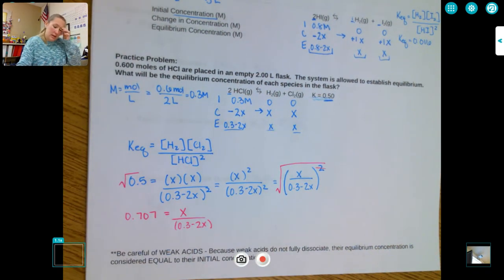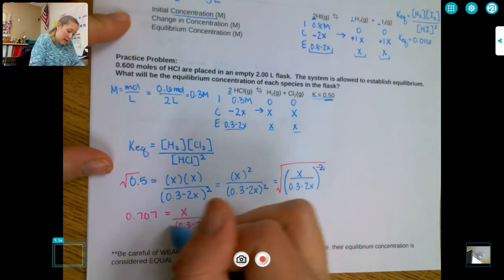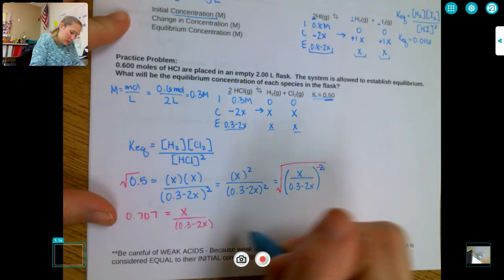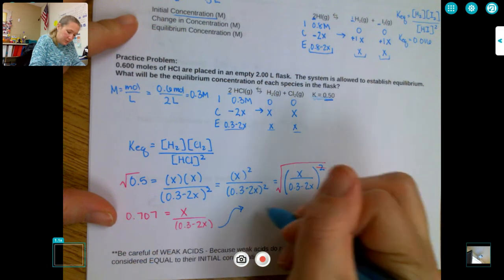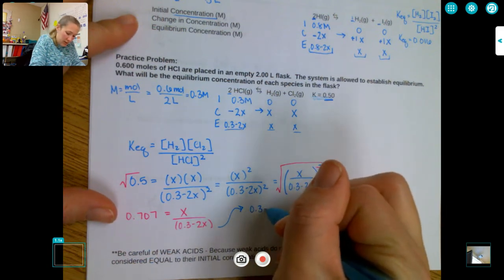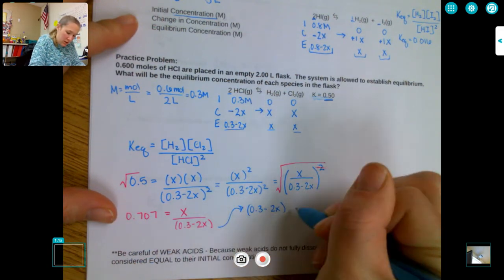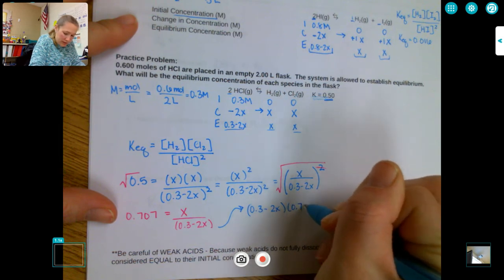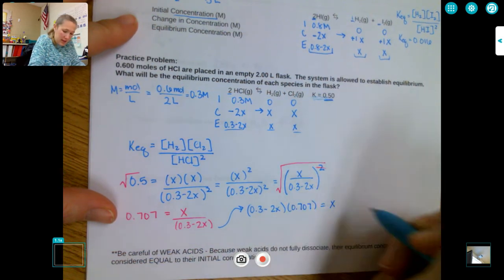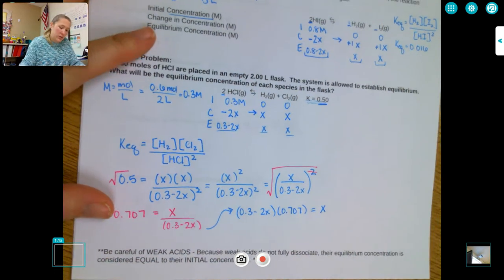Okay. From here, I need to bring this quantity up. So I'm just going to do that over here. I have 0.3 minus 2x, right? This is all just math from here on out. 0.707 times that quantity equals x. I need to distribute through.